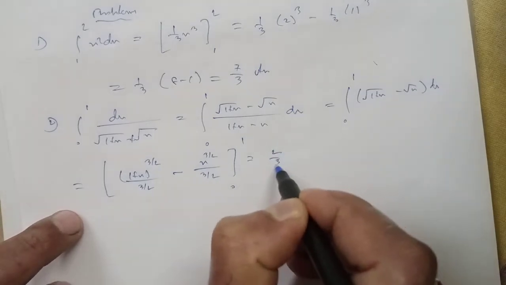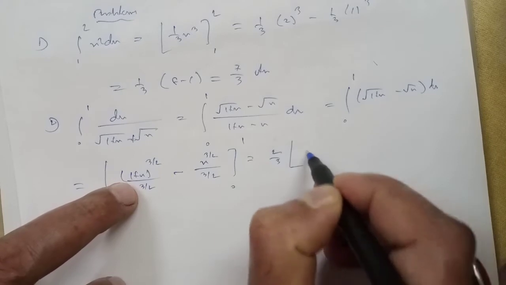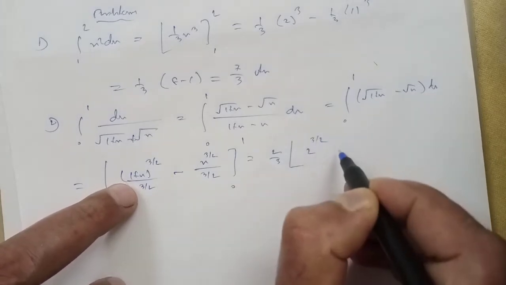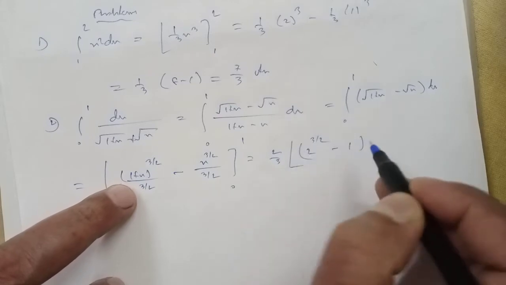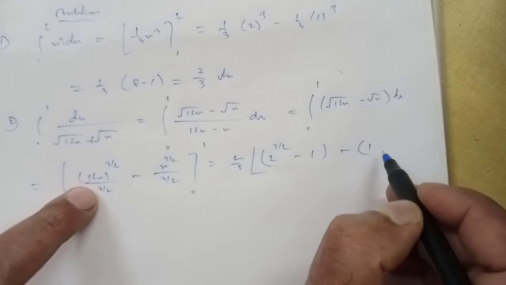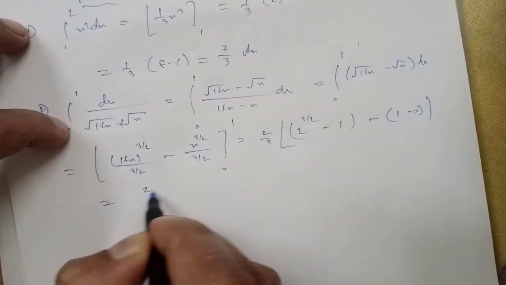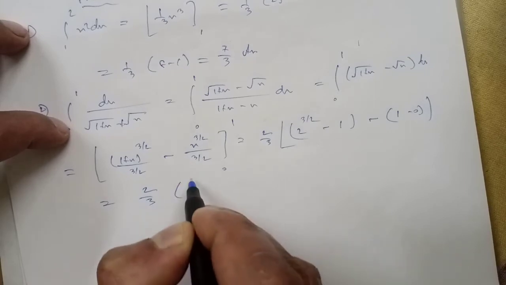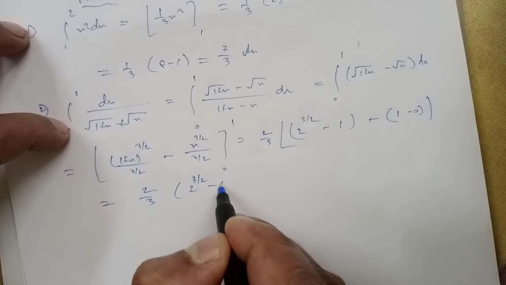Take 2/3 common outside the bracket, then you get, putting 1, this is 2 to the power 3/2 minus 1 to the power 3/2, that is 1. And then if we put 0 here, we get 1. And this is 0. So ultimately we get the answer 2/3 into 2 to the power 3/2 minus 2.